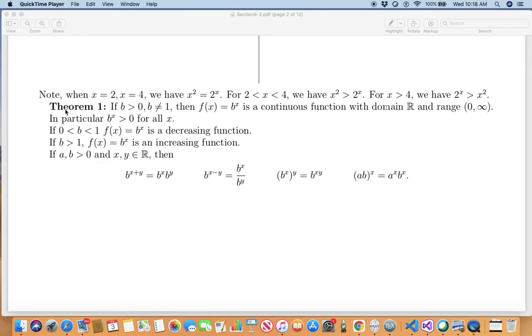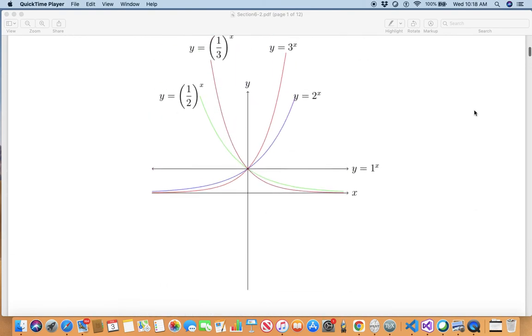Now, theorem 1, this summarizes all that we have been saying so far. If b is greater than 0, b not equal 1, then f(x) = b power x is a continuous function. Now, this is a bit of work, but it's an analysis. We have used some of it, but anyhow, let's continue. It is a continuous function with domain the set of all real numbers and range 0 to infinity, because notice your exponential is always above the x-axis and it hits everybody above the x-axis.